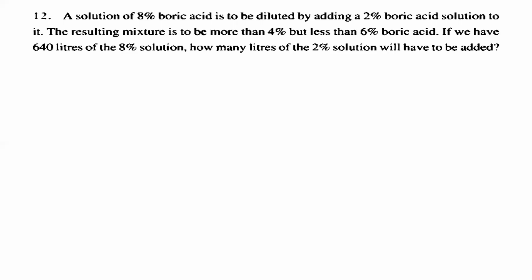So you need to find how many liters of this 2% solution we need to add to this 8% boric acid solution. So first of all, let X liters of this 2% boric acid solution be added to this 8% boric acid solution.